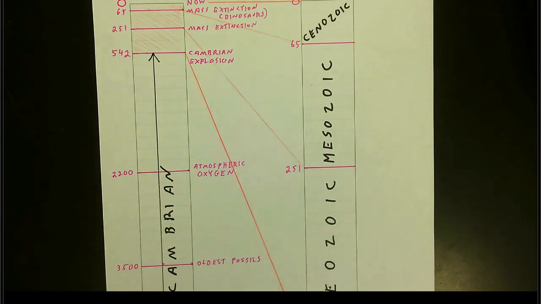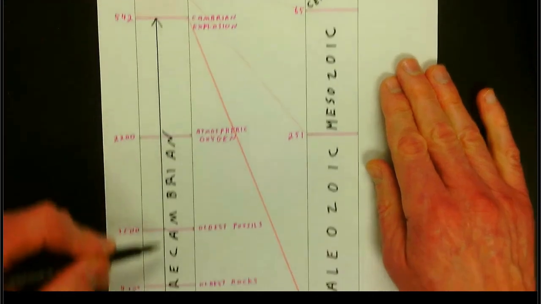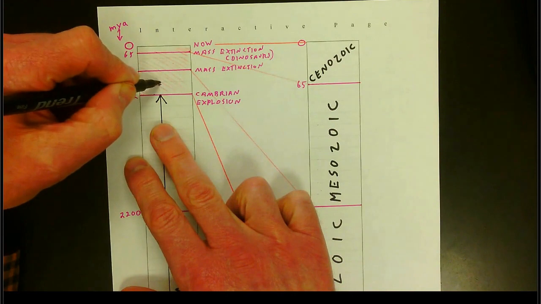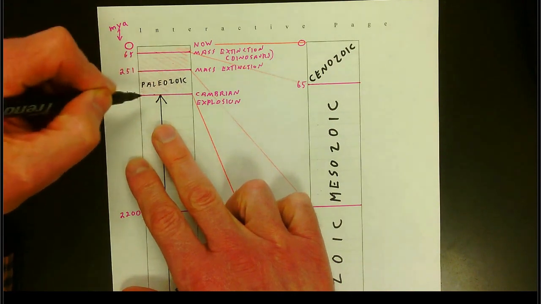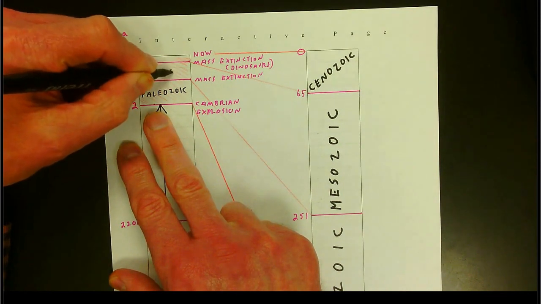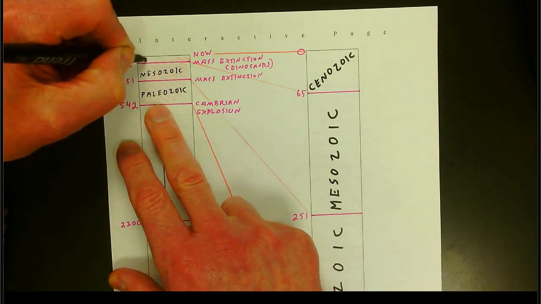Notice how short, compared to all of geologic time, notice how short the Paleozoic was. Notice how even smaller the Mesozoic was compared to the Cenozoic.